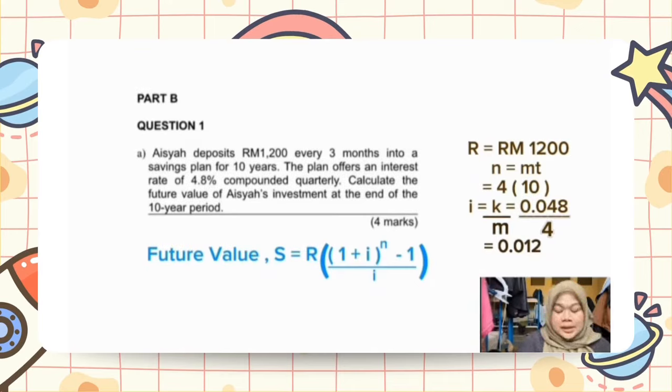So the nominal rate here is 4.8% or 0.048. And M is the number of times interest is calculated in a year. So here they told that it was compounded quarterly. It means it's 4 times per year. So the M is 4. Now we have to find the N. N is M multiplied by T. So T is the term in years. So the term in years here is 10 years. It was a 10-year period.